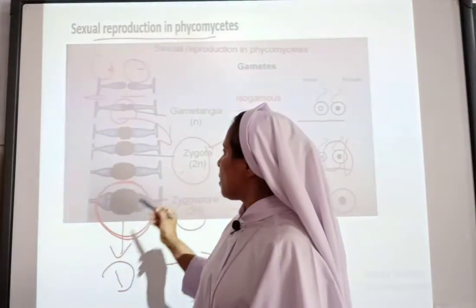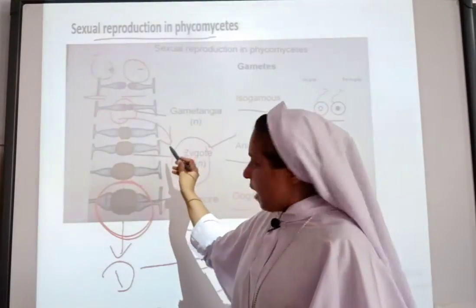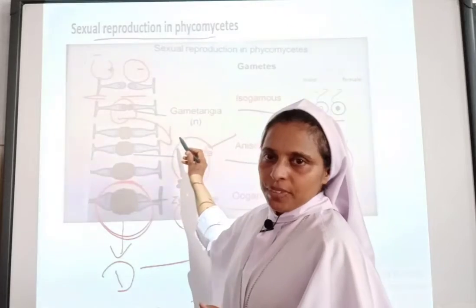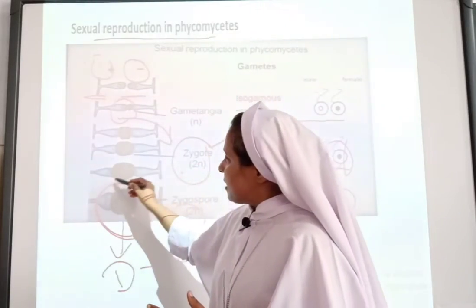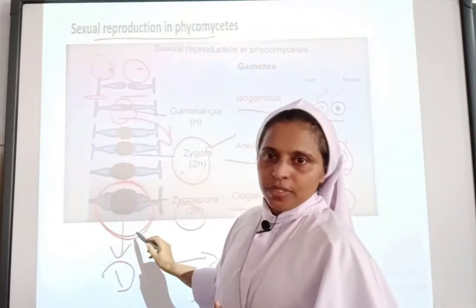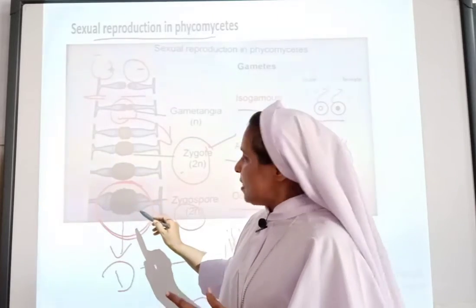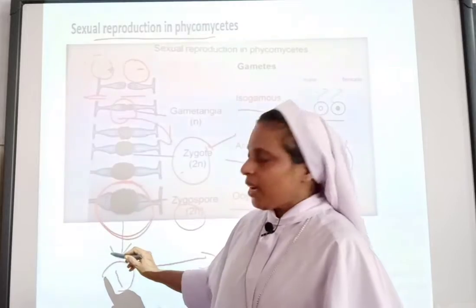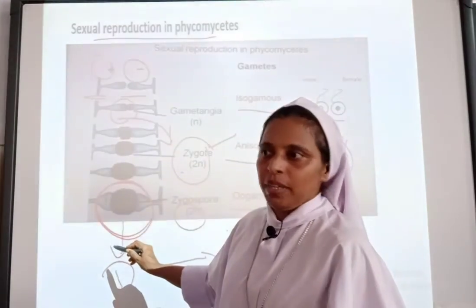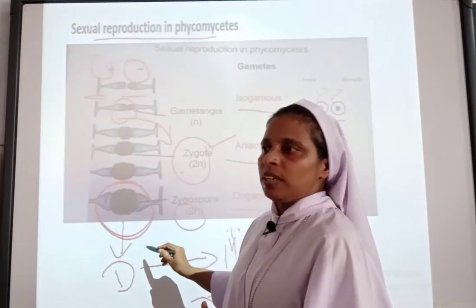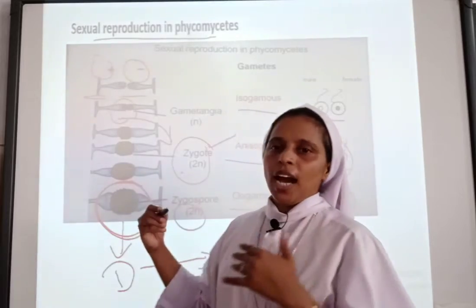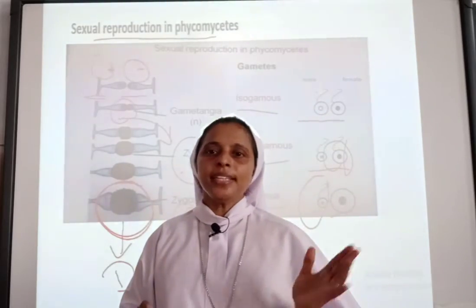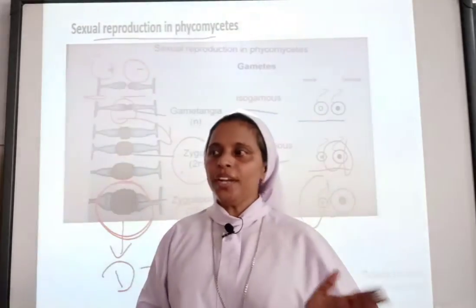Clear? So after the formation of the zygospore, this zygospore will remain dormant for a long period of time, and when the conditions are favorable for the fungal growth, the diploid nuclei undergo meiosis division and they will form haploid hyphae.